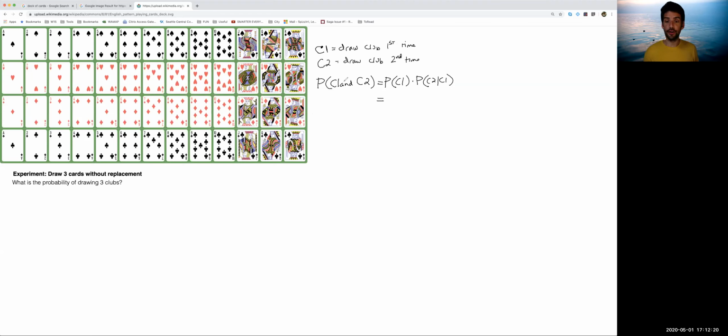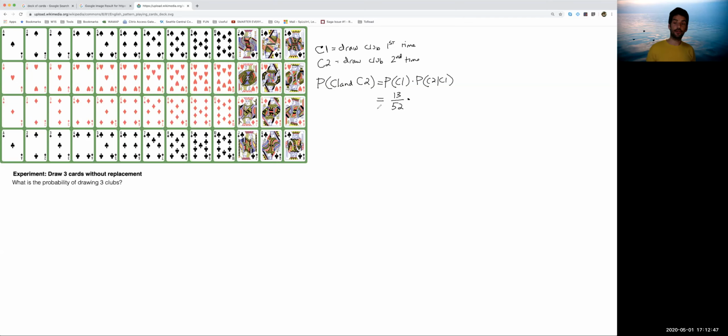So what's the probability of pulling a club? We can just count how many clubs there are out of the total number of cards. There are 13 of each kind: spades, hearts, diamonds, and clubs. So there are 13 clubs and 52 total cards. That's the probability of pulling a club.